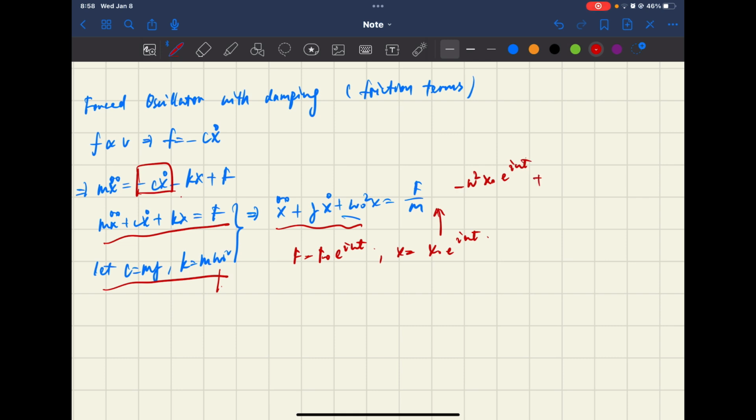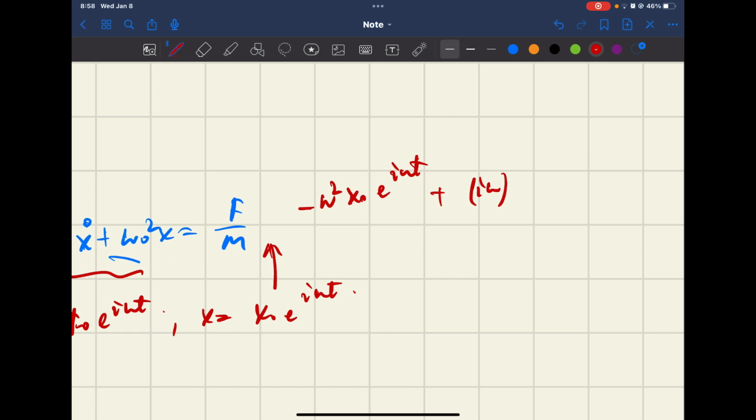Also, the process of taking derivatives is very simple, because we're just bringing the i omega down from the exponent, and we keep everything behind it the same. x0 e to the power of i omega t plus. And these terms will cancel out.